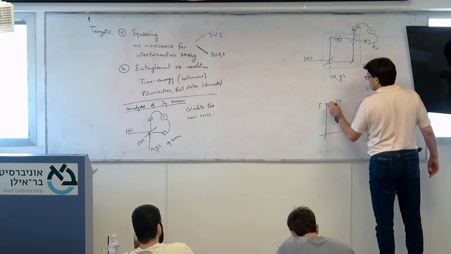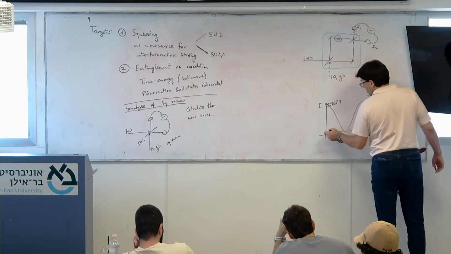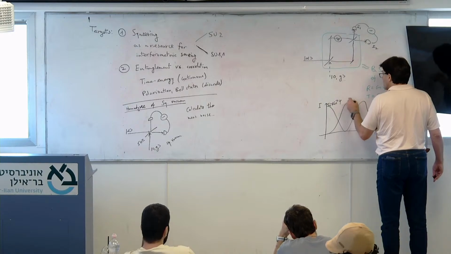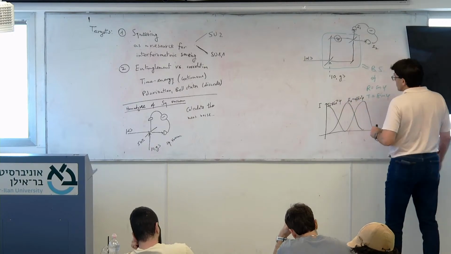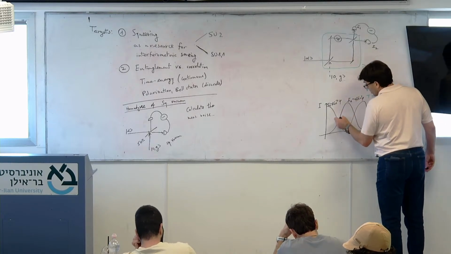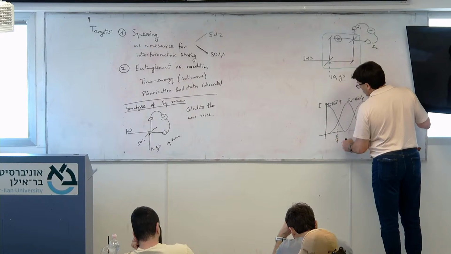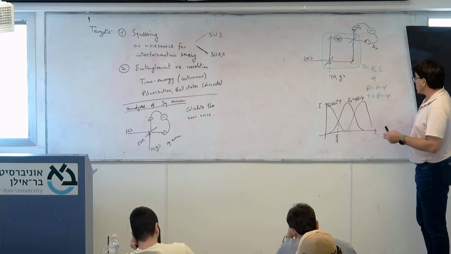This is I1, goes like n, where n is the input intensity, or this one is I2. And here this is pi over 4. That's where the intensities are equal.